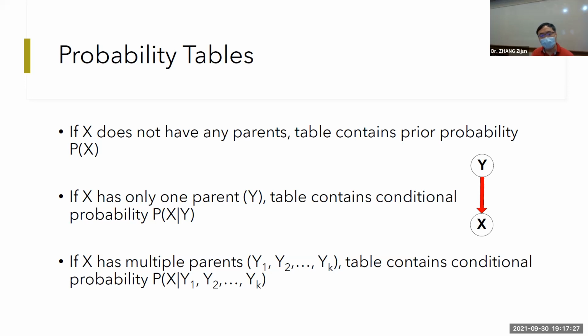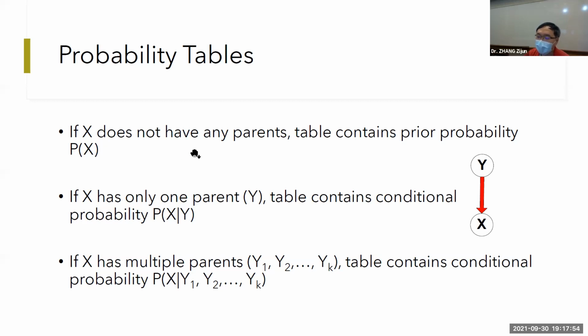Then we need to base on such a graphical network to produce the probability tables. Okay. So what should be incorporated in the probability tables? That's all the probabilities on the nodes and their dependence relationships.